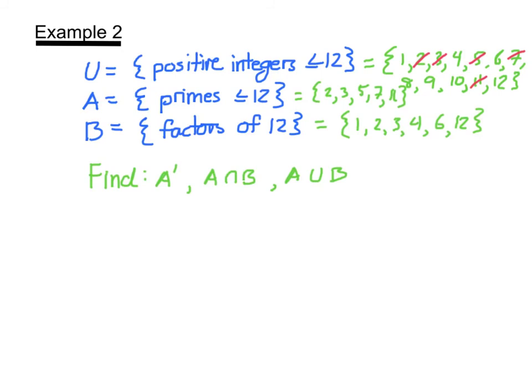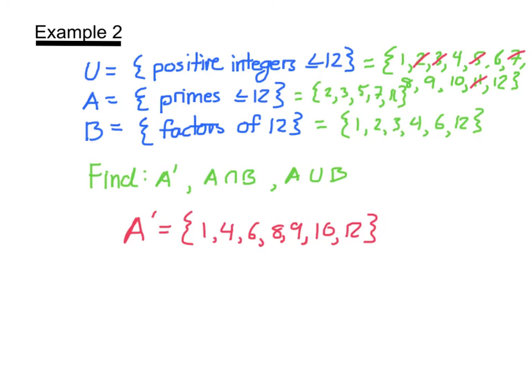And any number that is left over is going to be an element of the complement of A. So the numbers that are left over are 1, 4, 6, 8, 9, 10, and 12. So there's the complement of A. Notice that some of these numbers show up in set B, but that's okay.